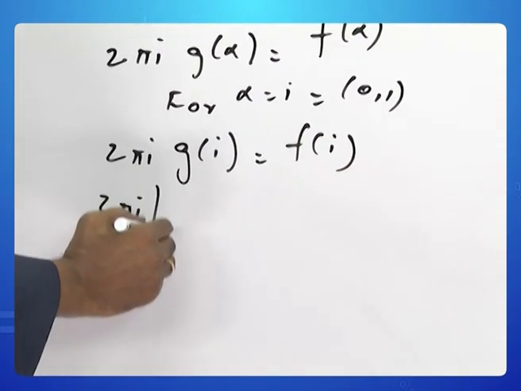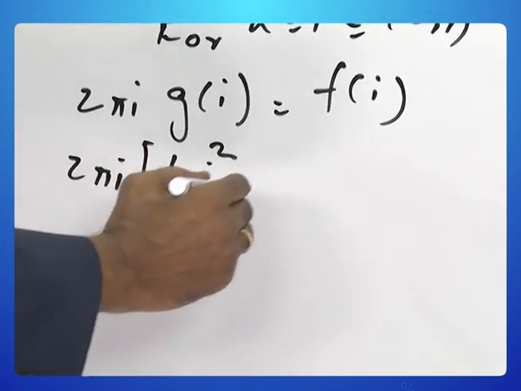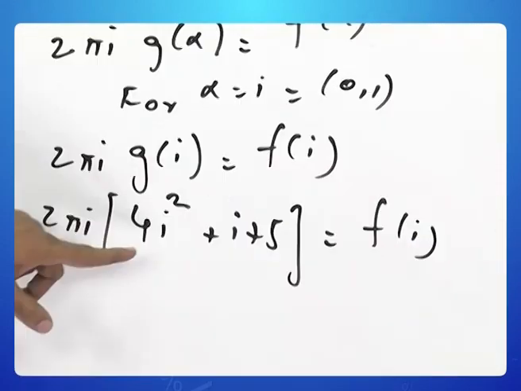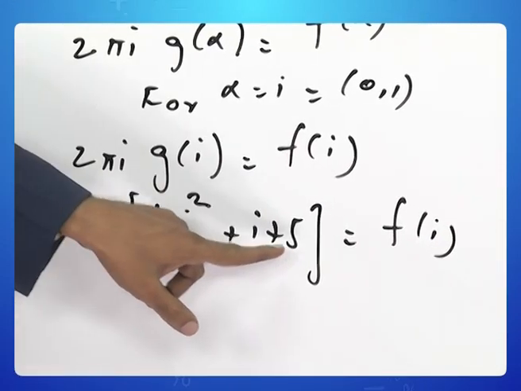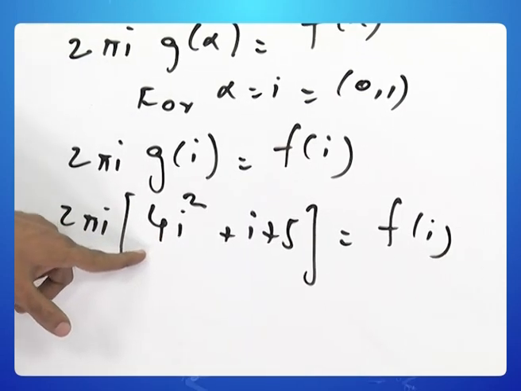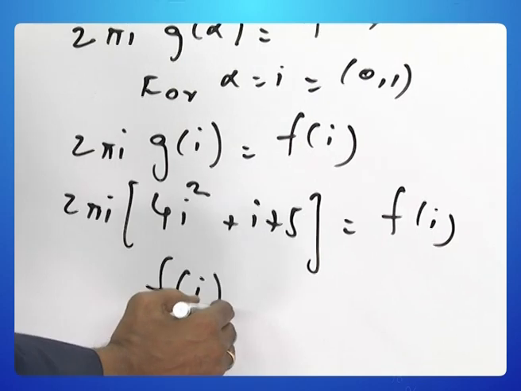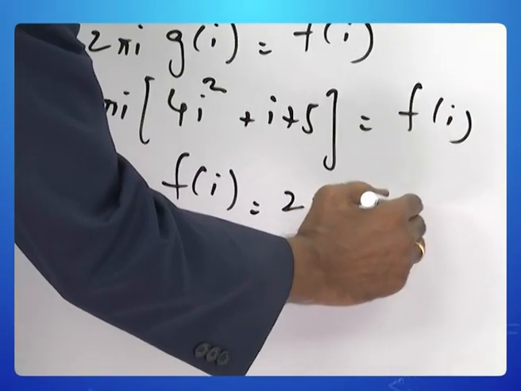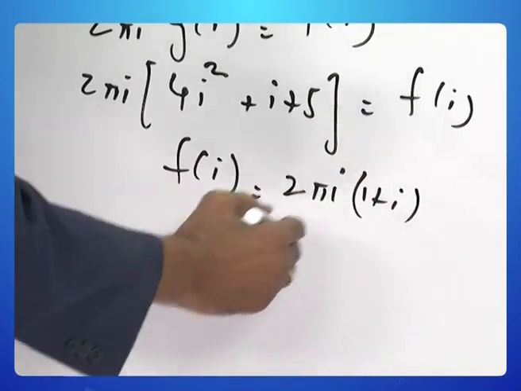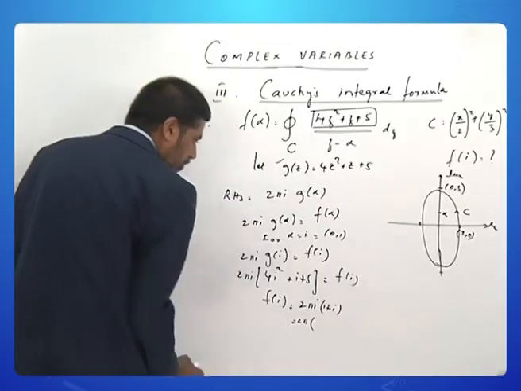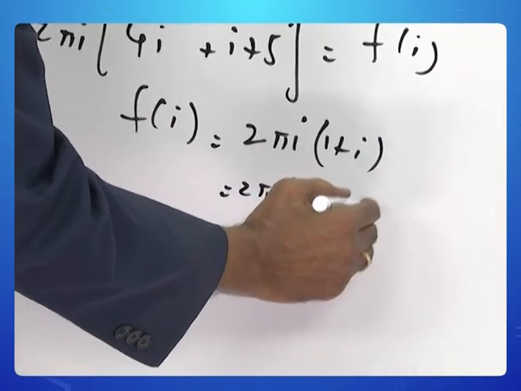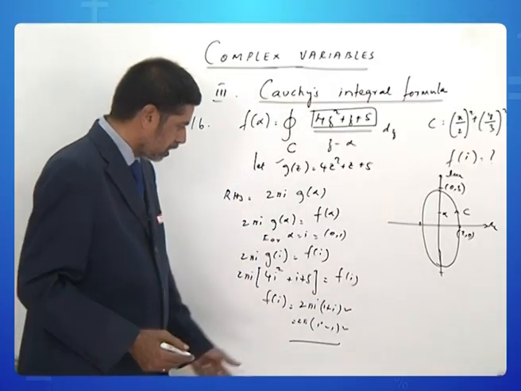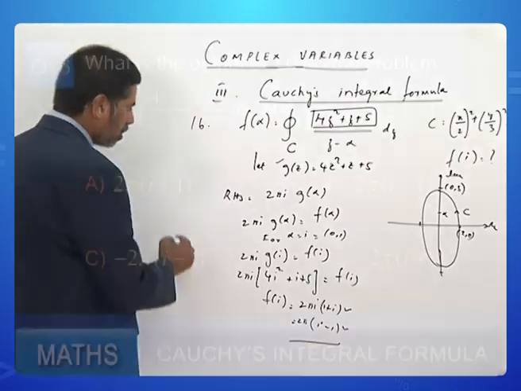So 2 pi I times 4i squared plus I plus 5 is equal to f of I. This is I square minus 1. 5 minus 4 becomes 1, and f of I will be nothing but 2 pi I into 1 plus I. If you take I inside, you will have I minus 1. This and this are both correct, but when you look at the options, I think we can find this as option B.